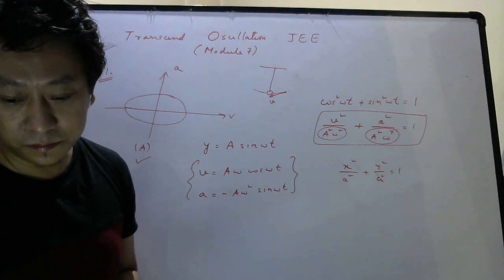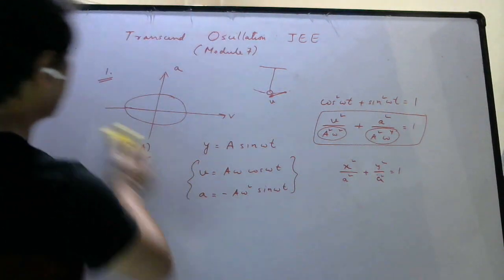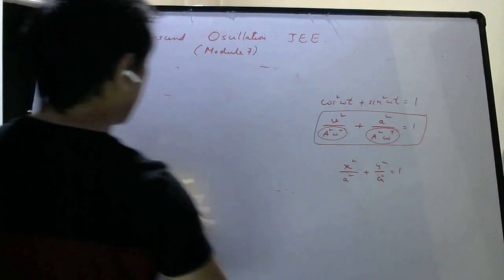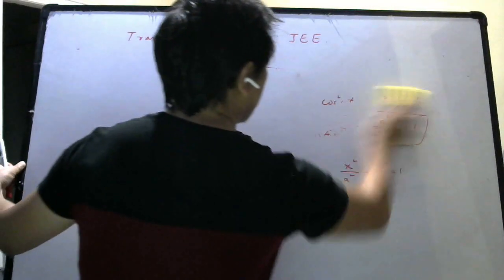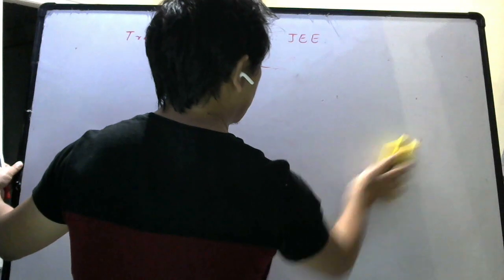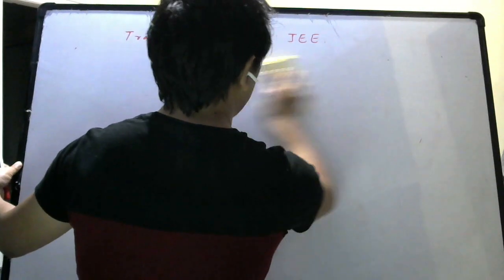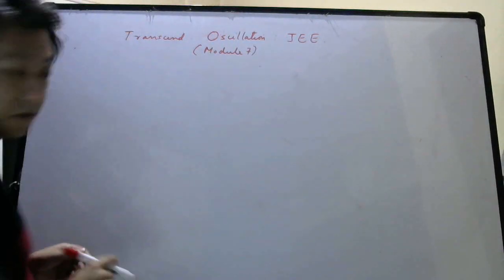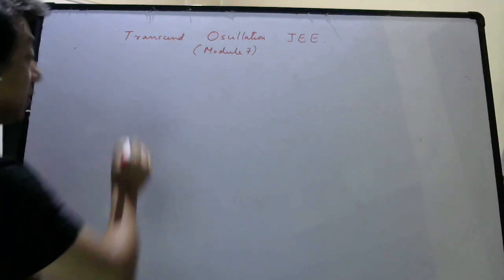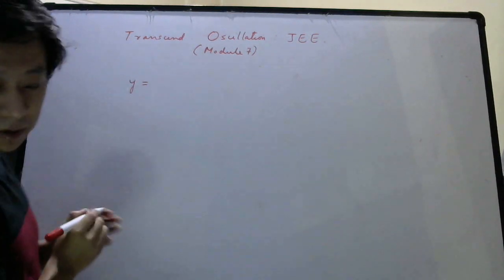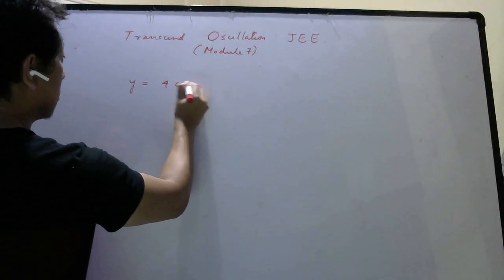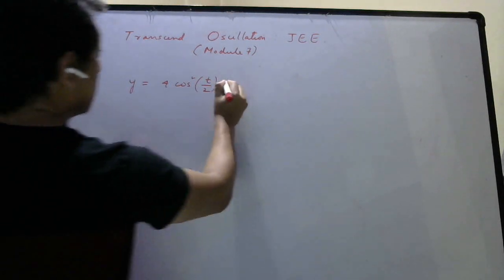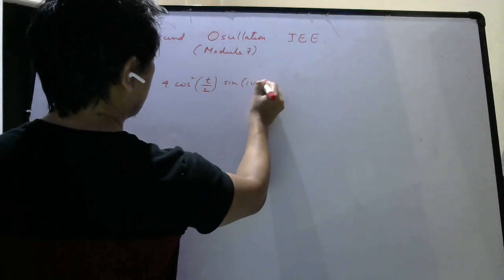Question number 2. The question number 2 says the displacement of a particle. They have given you a very complicated function, and you have to find how many simpler periodic sine functions it is composed of. So the displacement y of a particle is given by a little complicated function: 4 cos square t by 2, where t represents time, times sine 1000 t.